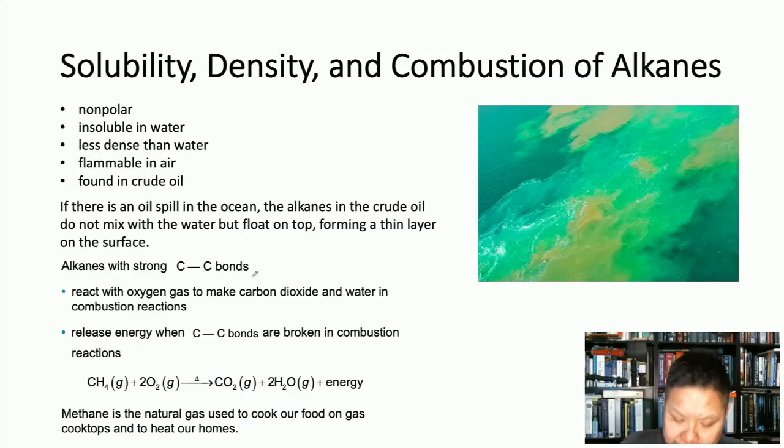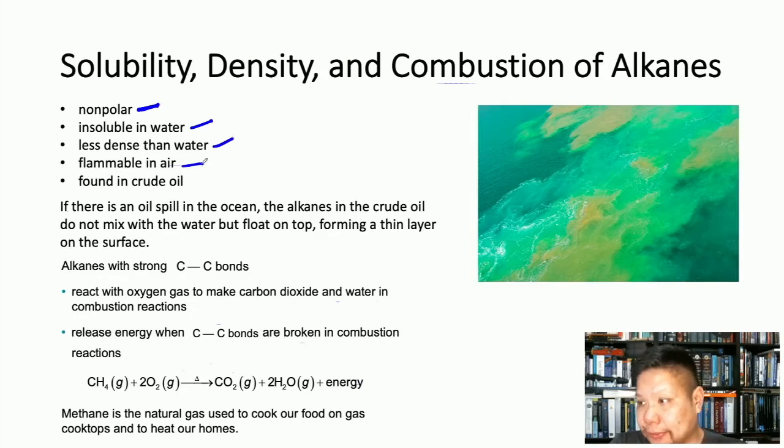And just as a quick review, right? Alkanes are nonpolar, which makes them insoluble in water. When you put an alkane into water, it floats, so it's less dense than water. And we know that they're flammable in air, like butane or propane.